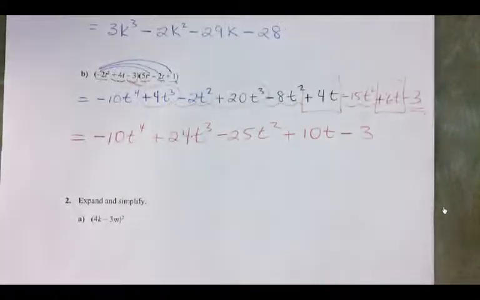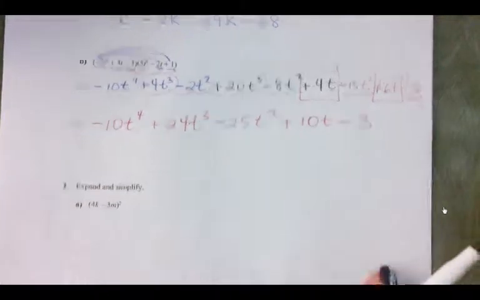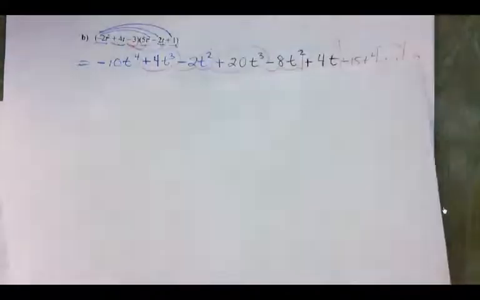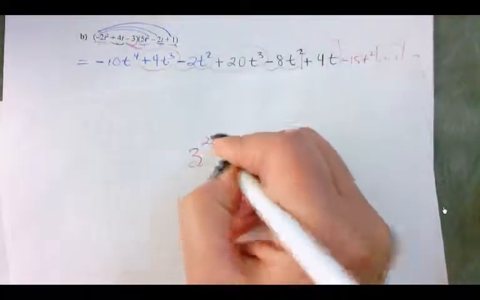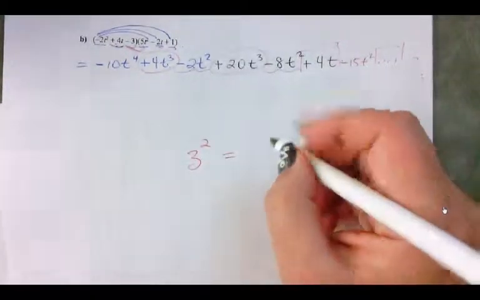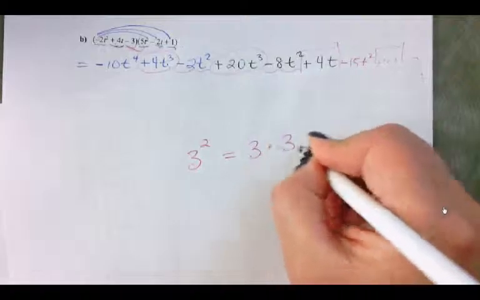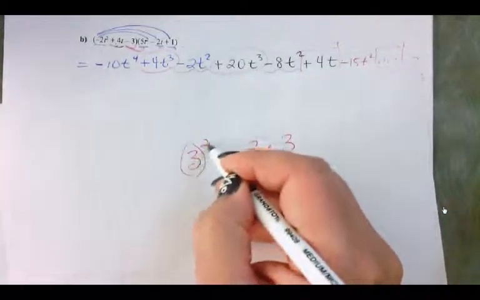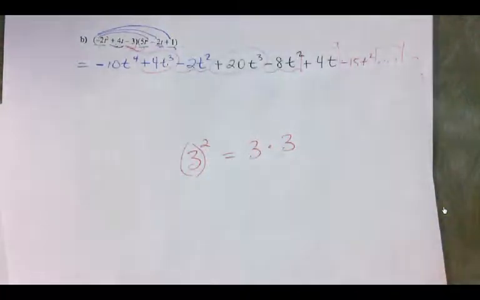All right. Now, this question here says expand and simplify. Now, what do we know about something like 3 squared? What does that equal to? 3 times 3, okay? So whatever is put to the exponent of 2, you have to rewrite it twice.